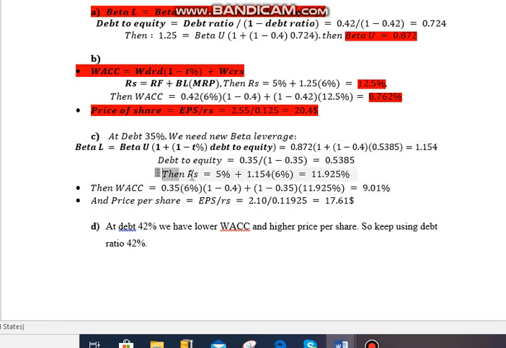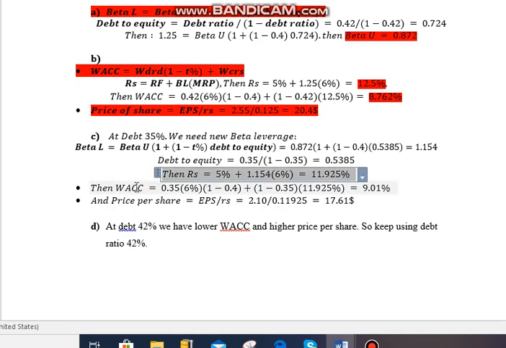Then the cost of equity RS equals the risk-free 5% plus the levered beta at debt 35%, which is 1.154, multiplied by the market risk premium, so it's equal to 11.925%.